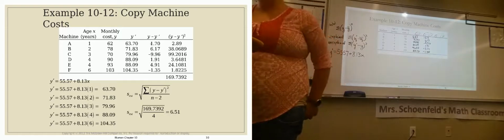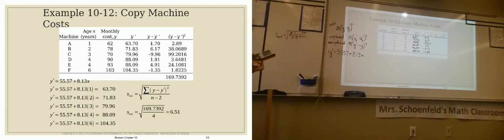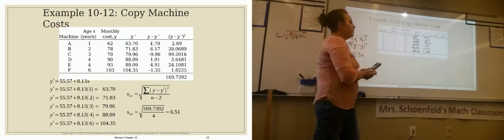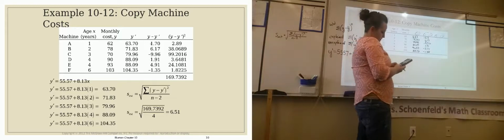Okay, so now I need to square all those numbers. You don't have to pay attention to the negatives. Remember, all squares are going to be positive. So I'm going to have 1.7 squared.